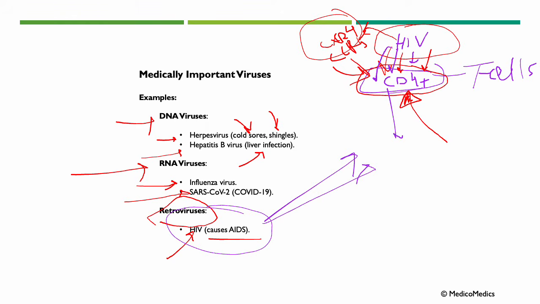Now, what happens then? So the integrated viral DNA now uses the host cell's machinery to produce new viral RNA and proteins. And these components then assemble into new HIV particles. And what happens then is that as HIV continues to replicate, it will damage and destroy infected CD4 T cells.